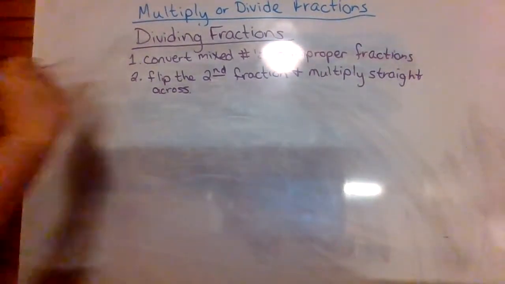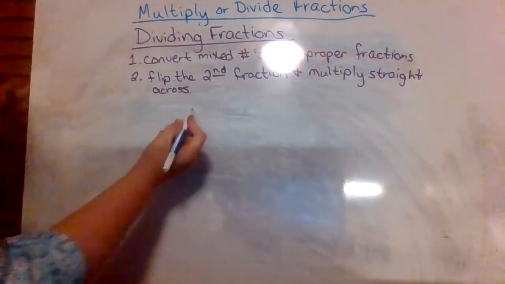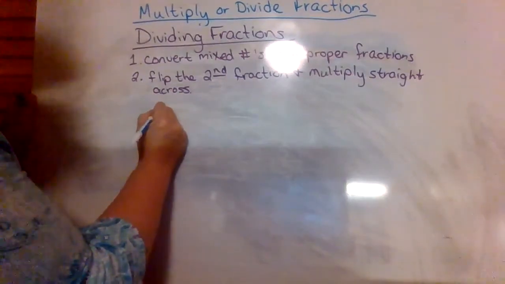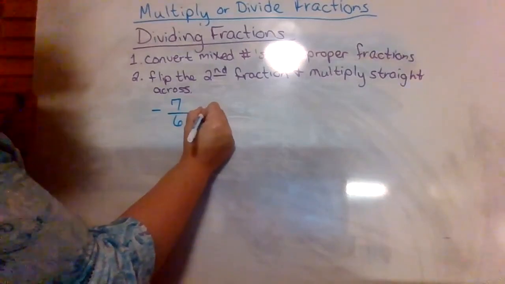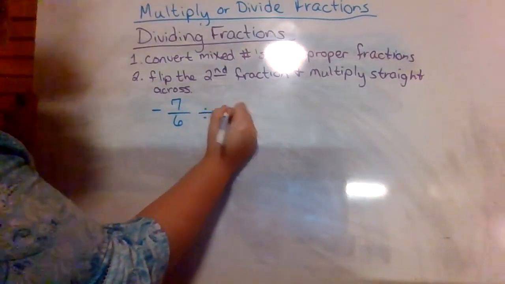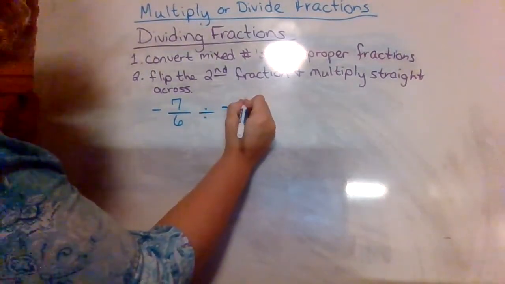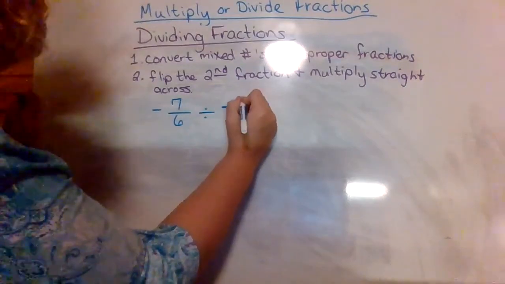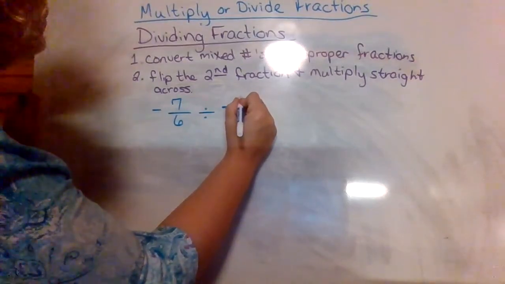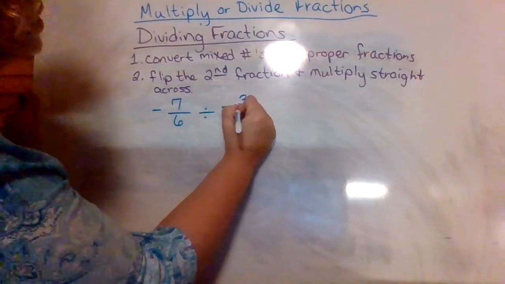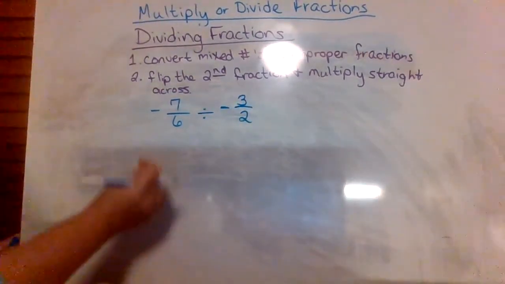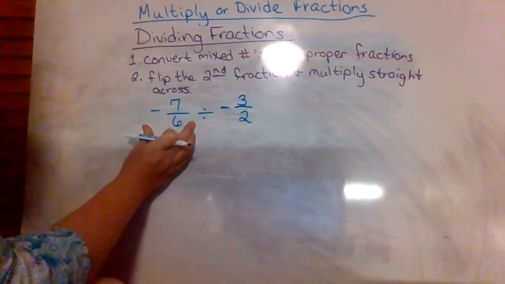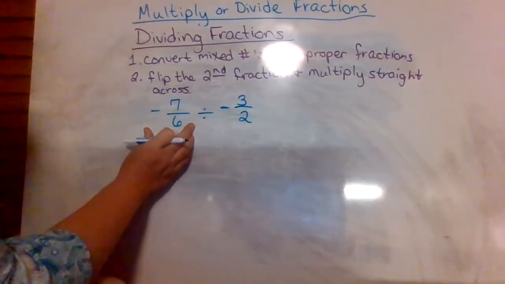And this is one where you're going to have to do a little bit of other stuff. So I'm going to have negative 7/6 divided by negative, I wish y'all were here to give me numbers. Let's see. 3/2. Okay, now remember, this first one doesn't do anything. It's boring. It doesn't change.